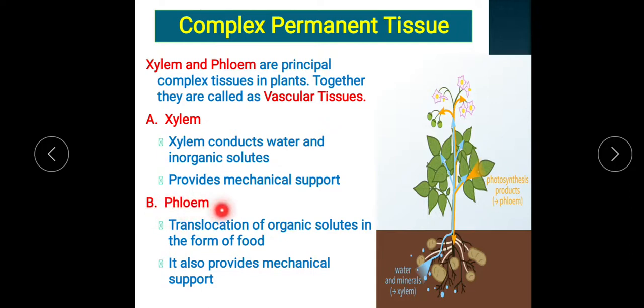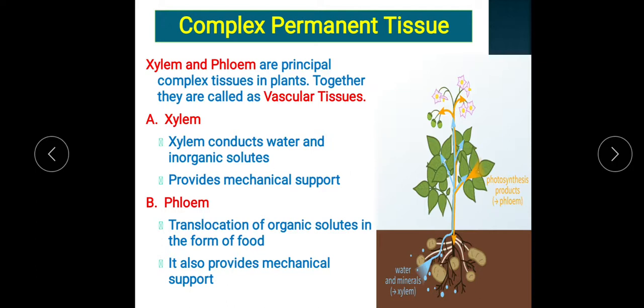In contrast to that, the phloem translocates the organic solutes which are produced in the form of food by the process of photosynthesis. That means when the leaves synthesize the food material by photosynthesis, that synthesized food material is translocated either to the underground part or to the non-photosynthetic aerial part.